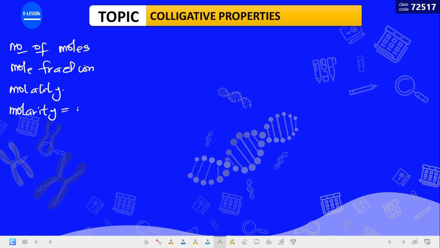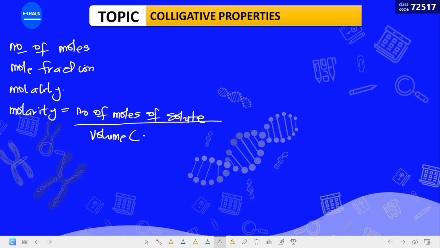Molarity means the number of moles of solutes all over the volume of solution in dm cube.